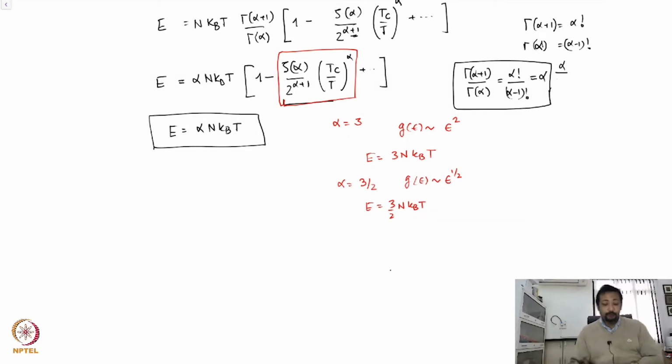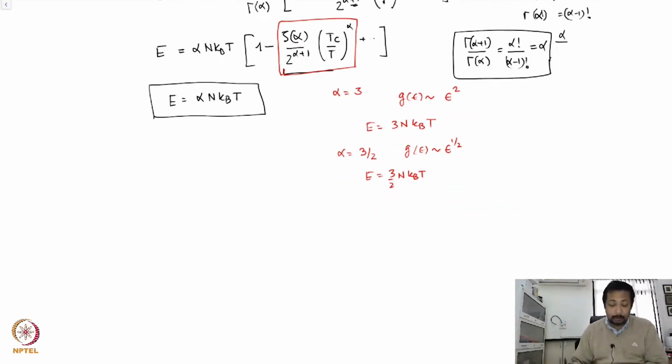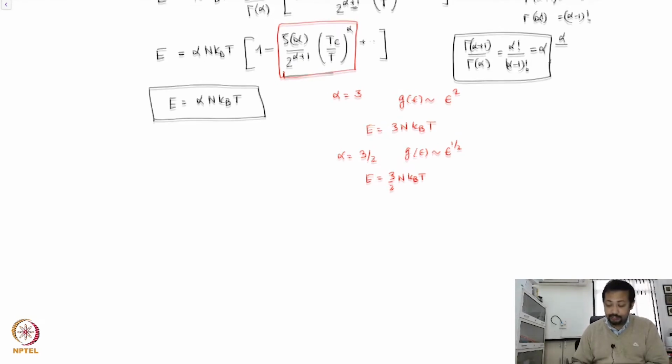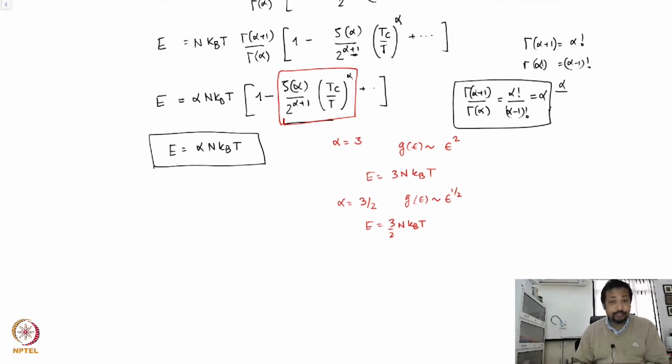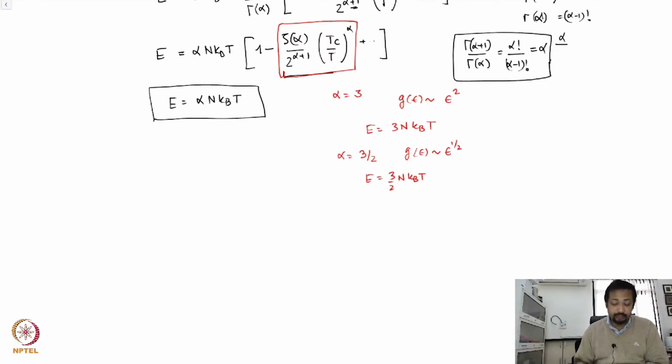So let's continue. Now, this is the relation that we got when we wrote down the energy and the particle number, when my density of states g(epsilon) was of the general form C_alpha epsilon to the power alpha minus 1.